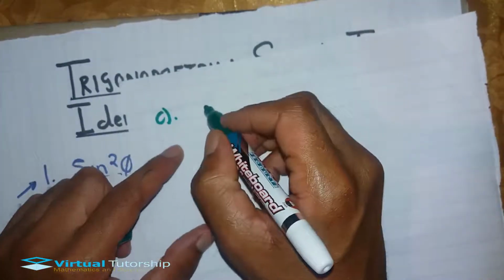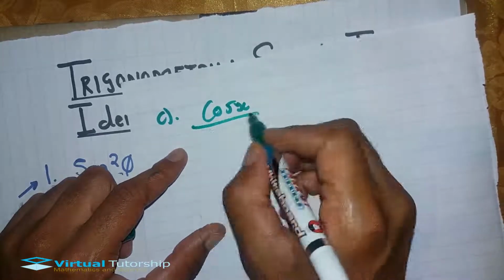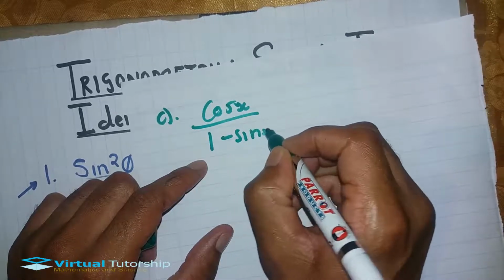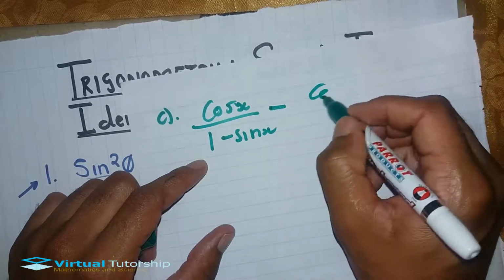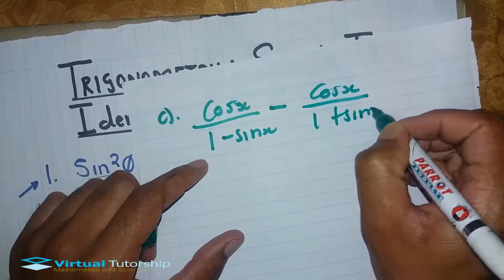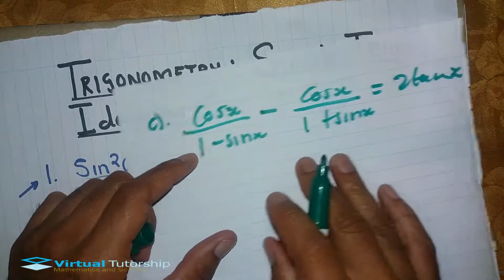Let's say C: cos x over 1 minus sine x, minus cos x over 1 plus sine x, equals 2 tan x.